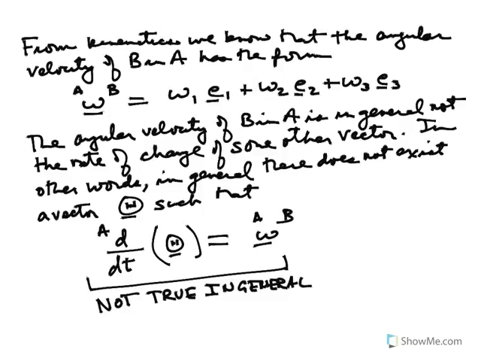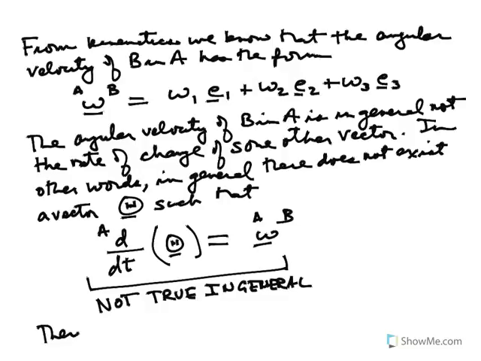So as a result of it not being true in general, you can't find three quantities, call them theta 1, theta 2, and theta 3, or whatever you want to call them, say Q1, Q2, Q3, such that their rates of change are equal to omega 1, omega 2, omega 3. So let's write that down.